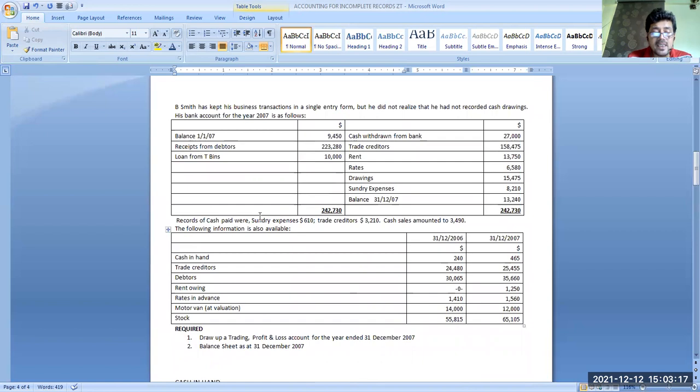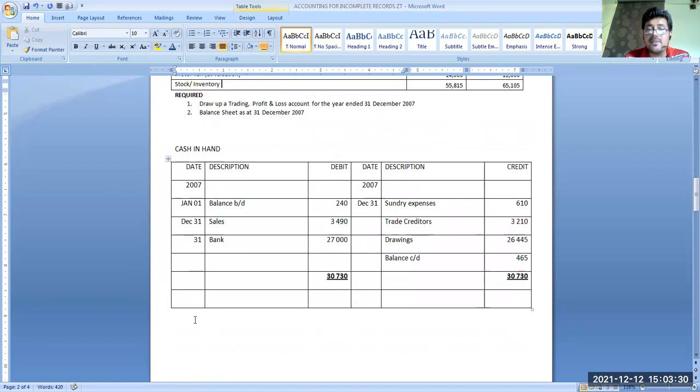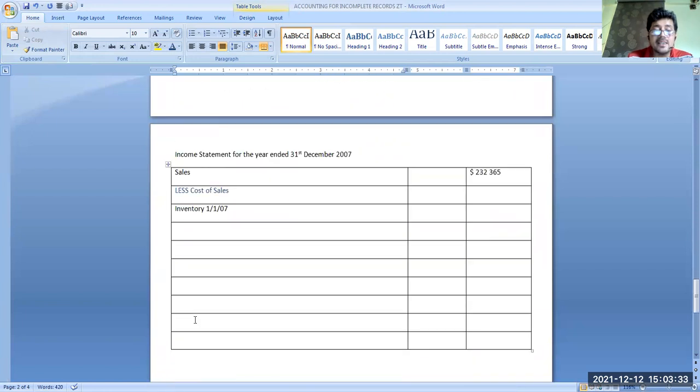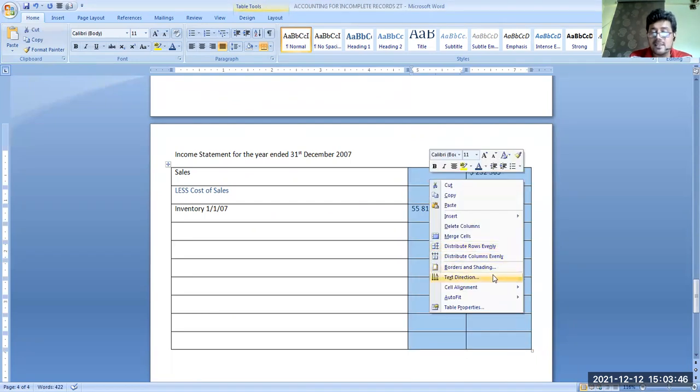Opening inventory, or opening stock. Stock is basically called inventory. Previously it was called stock, now they call it inventory. 55,815. I need to align the cells, otherwise all figures won't come in the same line.